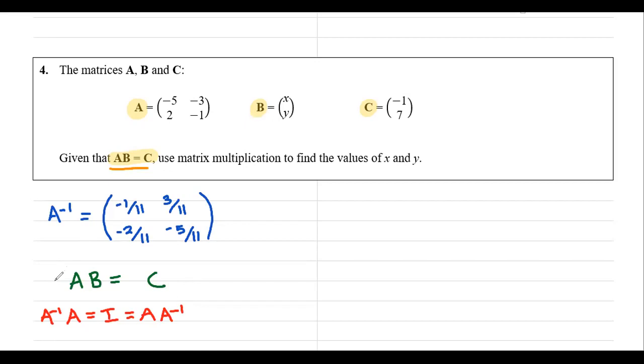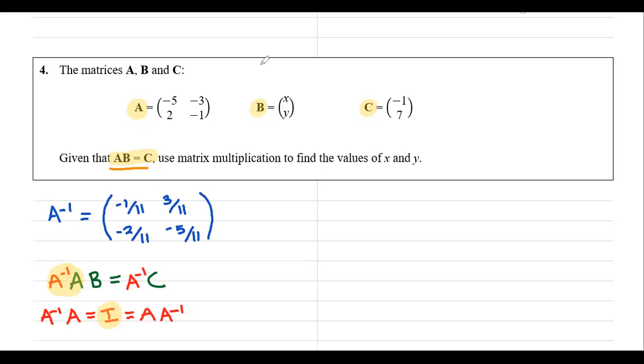So if I take the inverse of A and I multiply it on the left-hand side on both sides of this equation, we can use this property because we know that on the left over here, the inverse of A multiplied by A is just going to return us to the identity matrix. And multiplying any matrix by the identity matrix is just going to leave it unchanged.